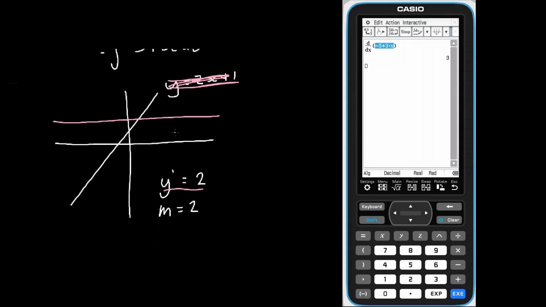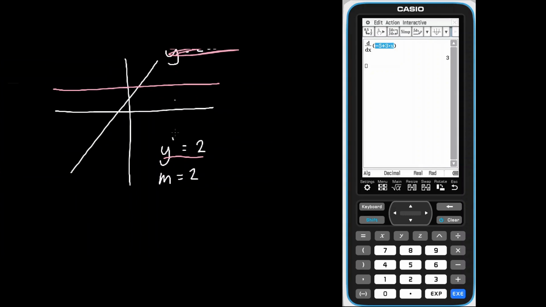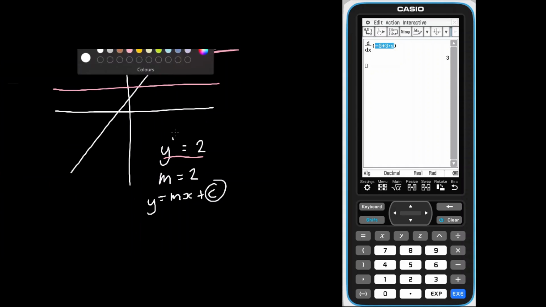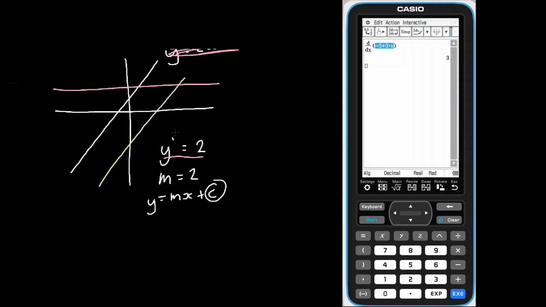However, I know that my line is always given by mx plus c, but I don't know my plus c. So given that I know the gradient is 2, I have an infinite number of possibilities. I could have an equation like this, an equation like that. I don't know my plus c.